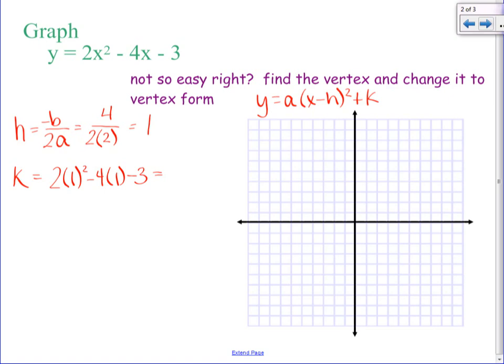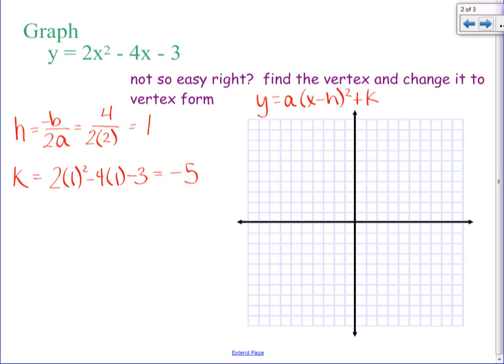What's that? It's not a trick question. -5? Is that what you're getting? 2 minus 4 minus 3? Okay, so now we know the vertex.